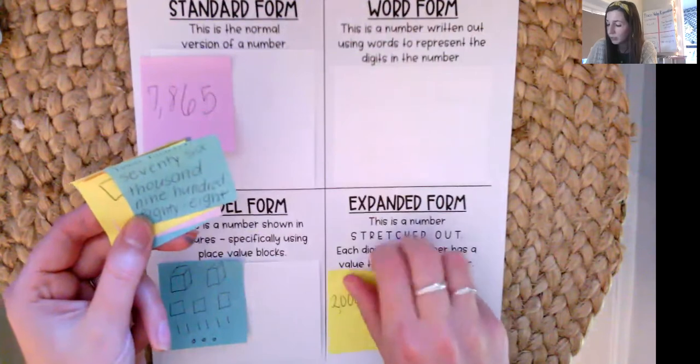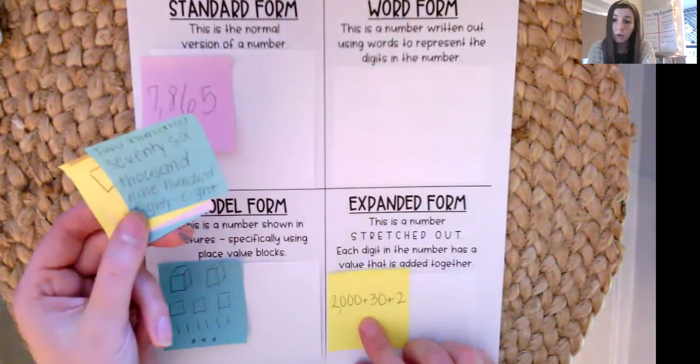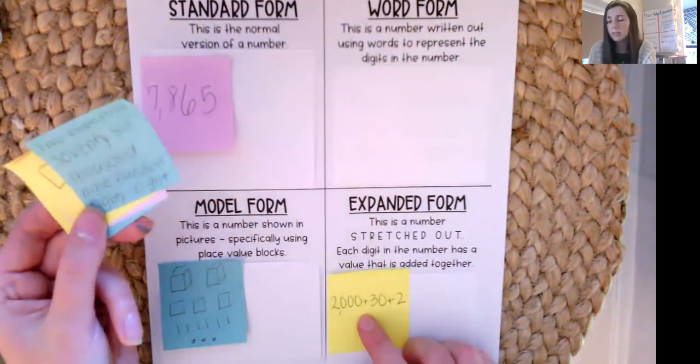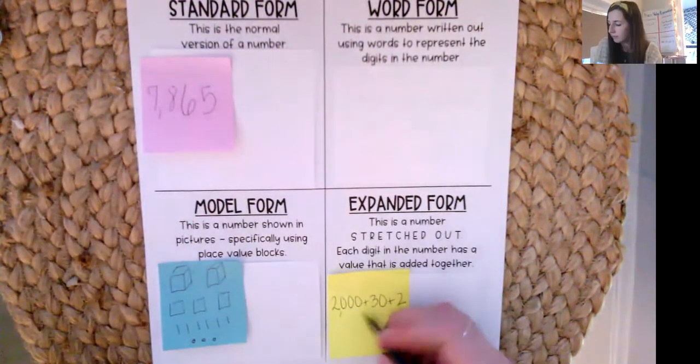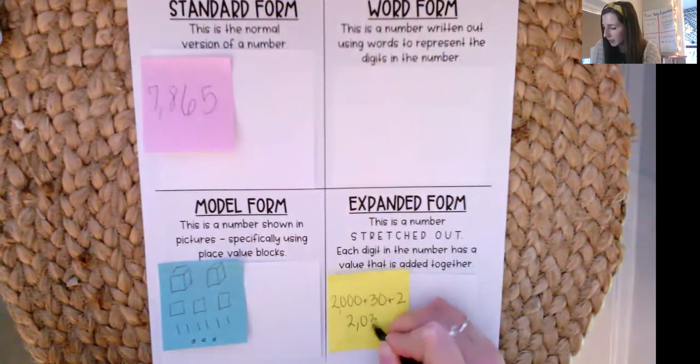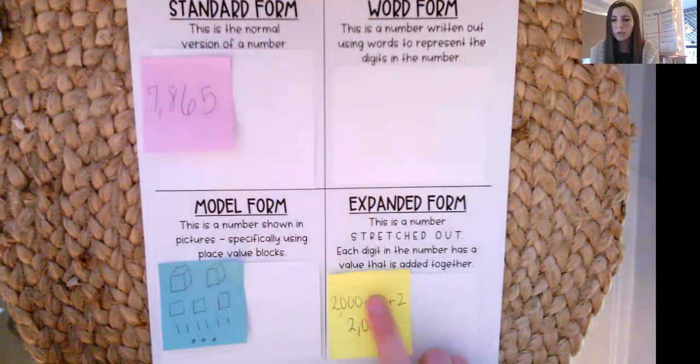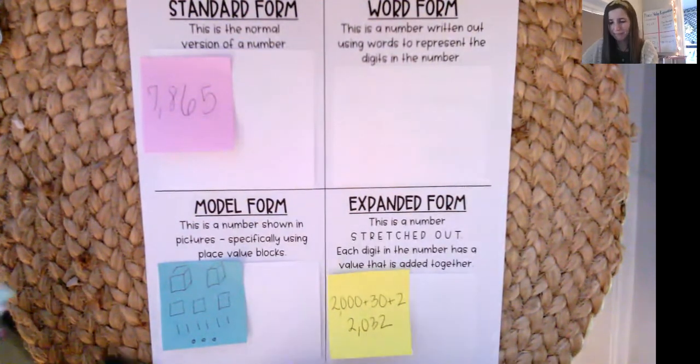And if we were to say this number out loud or write it in standard form, it would sound and look like 2,032. Because there's no thousands there, we put a 0 in the thousands place instead.